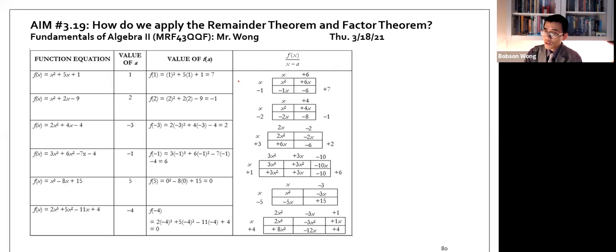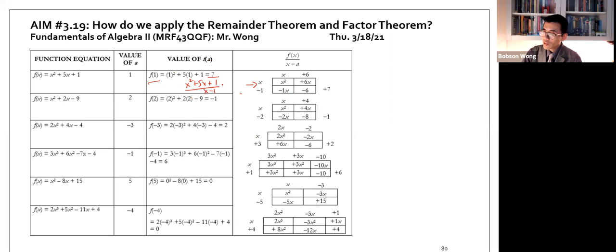So here in the first row, we have f of x equals x squared plus 5x plus 1. Now, if we take f of 1, this tells us that f of 1 equals 7. And here, this is actually the area model for x squared plus 5x plus 1 divided by x minus 1.